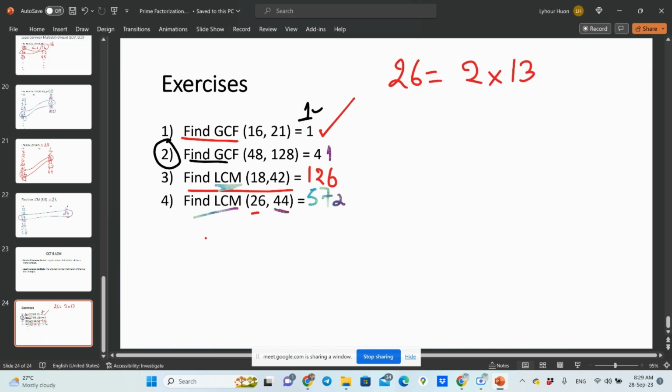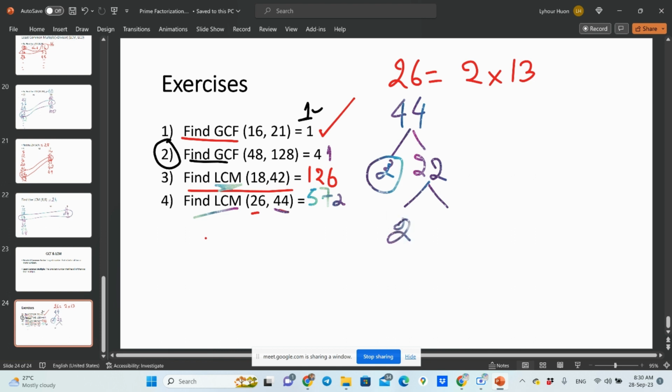Now, how about 44? 44 is composed of 2 times 22. 2 is prime, so we take this. 22 isn't, so we break it down: 22 into 11 times 2.